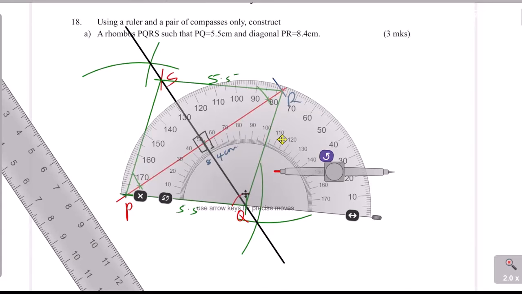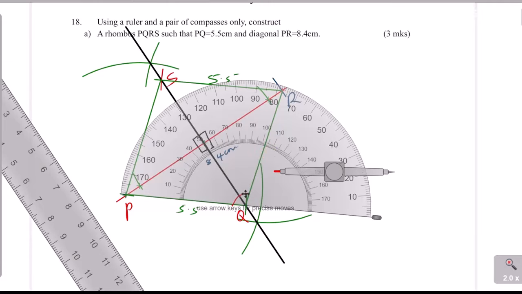Ensure you place your protractor very well. So measuring the angle from this side, you have 10, 20, 30, 40, 50, 60, 90, 100. So this one is around 100, 101. This is 102.